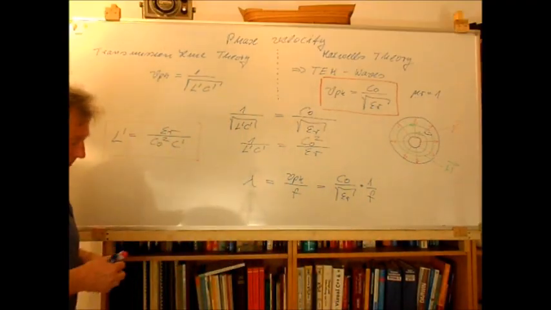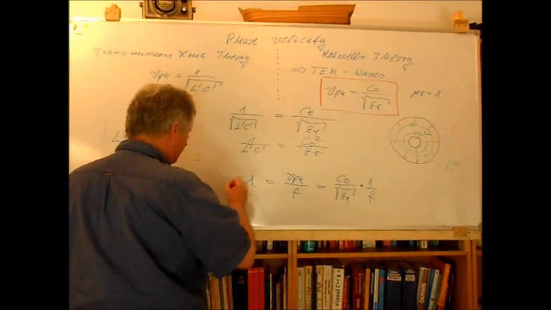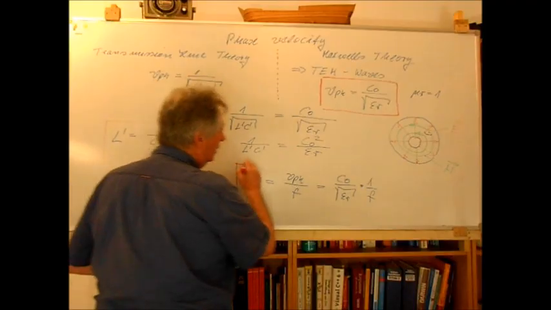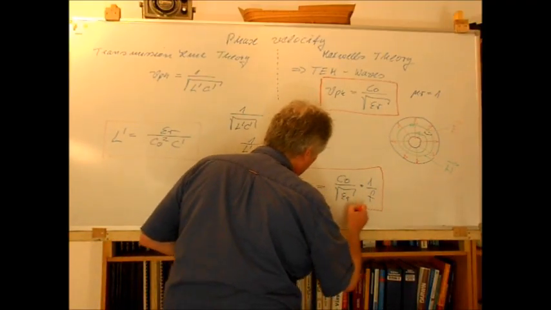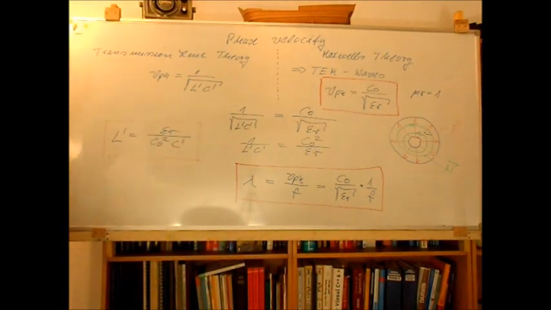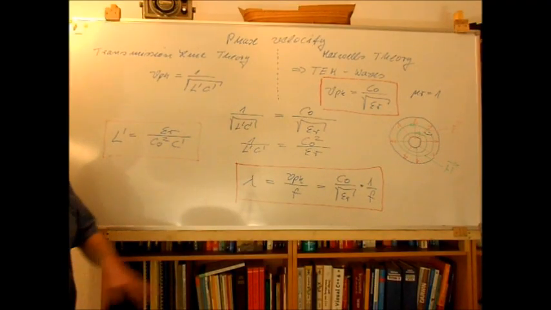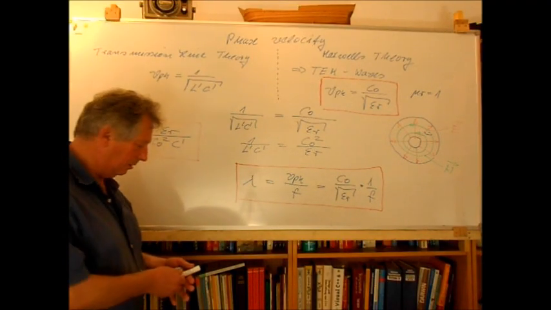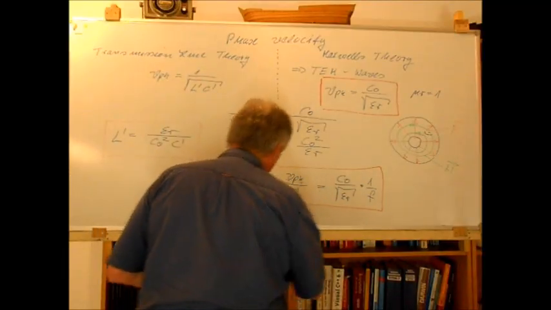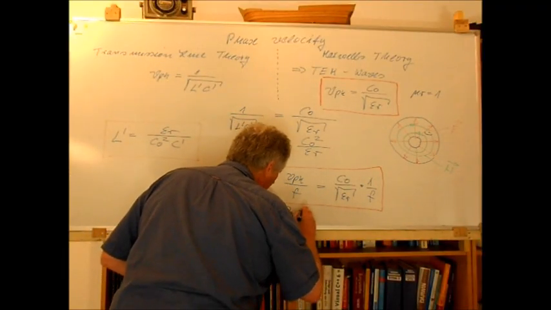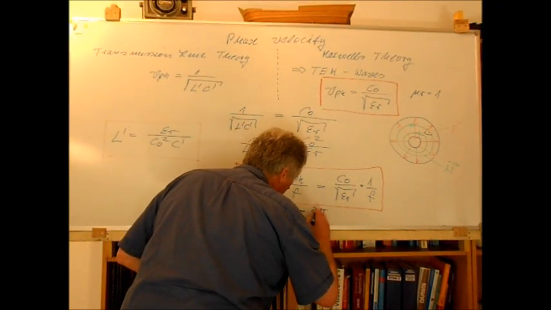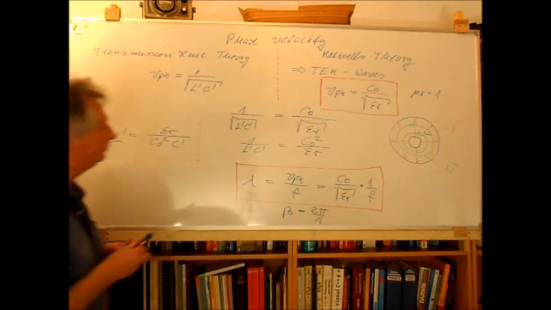So in the following sections we will always use in principle this relation to calculate the wavelength on a transmission line, and all other parameters, for example also the parameter beta, are related then by 2 pi over lambda.